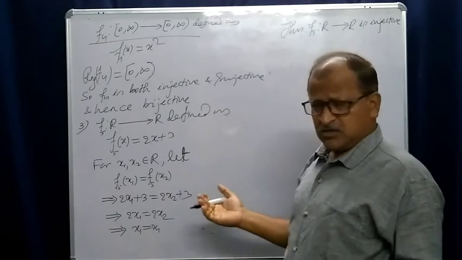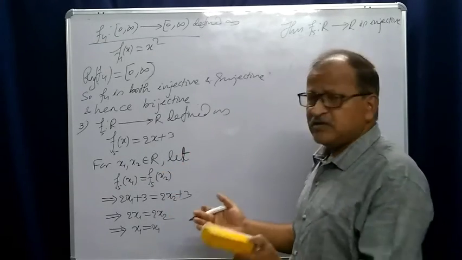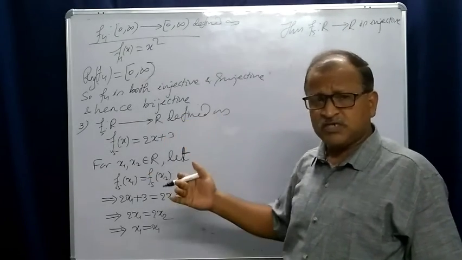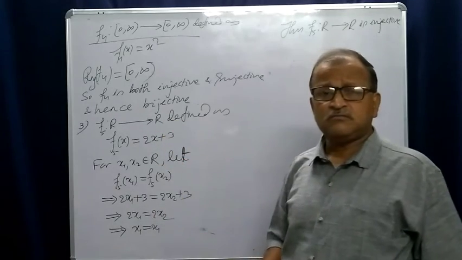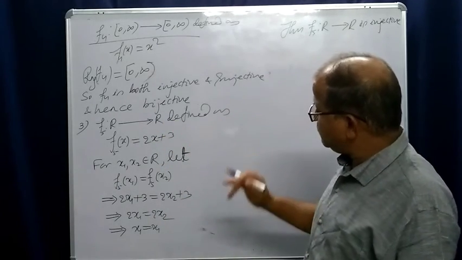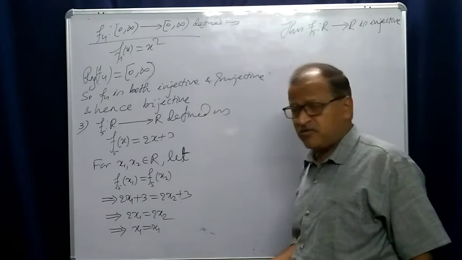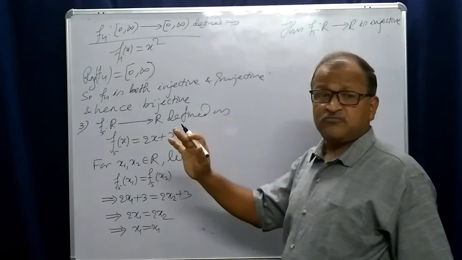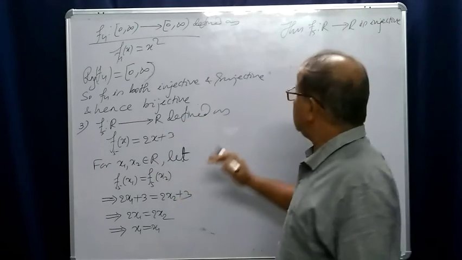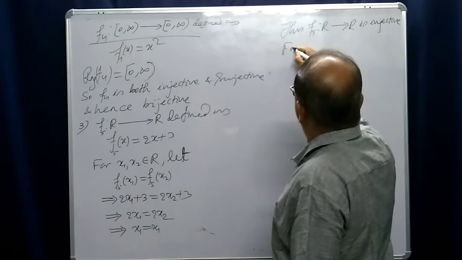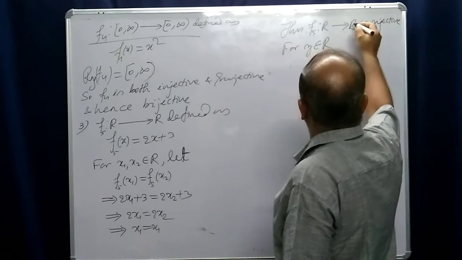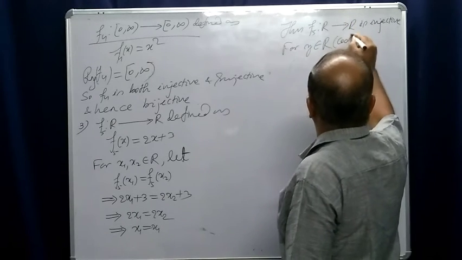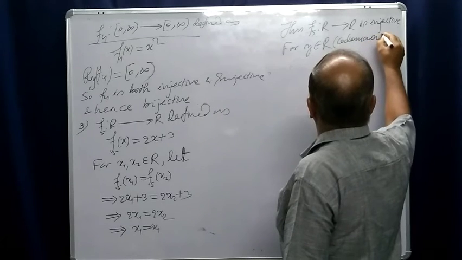You see, in a finite set we can find the range of a function, but here it is an infinite set, also an uncountable set. We cannot find the range of the function like in tabular form. So we will adopt the third definition of surjective function. For y belongs to R, R means this R, the codomain, right?